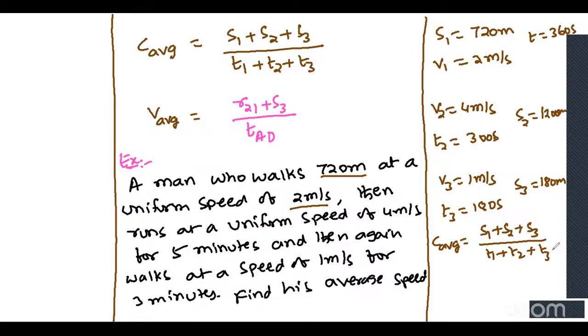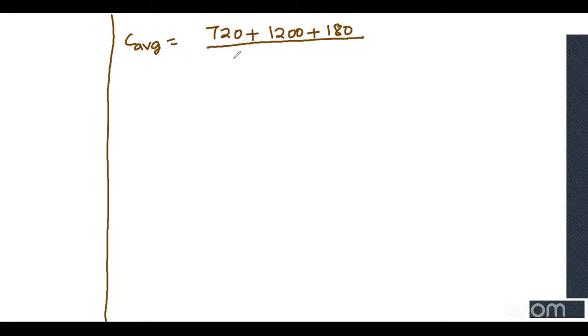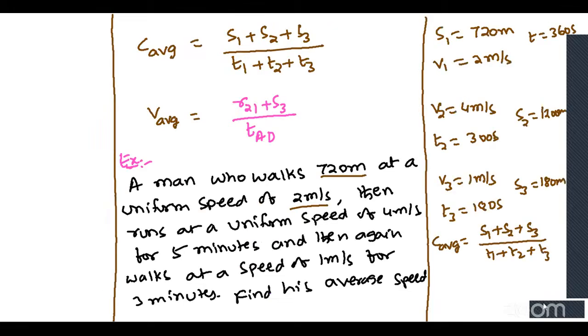Upon this one, we'll get average speed equal to 720 plus 1200 plus 180, divided by first T1 360, next T2 300, T3 is 180.